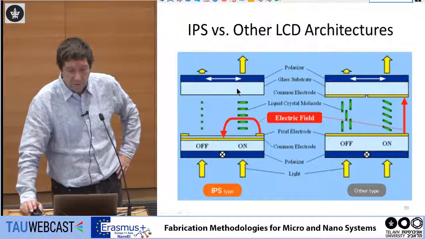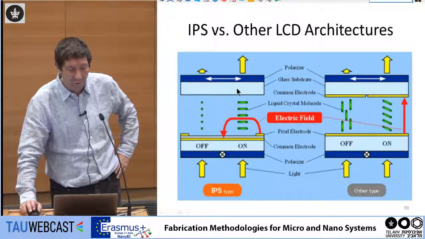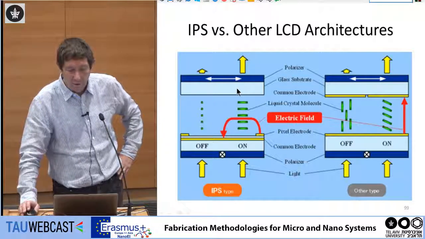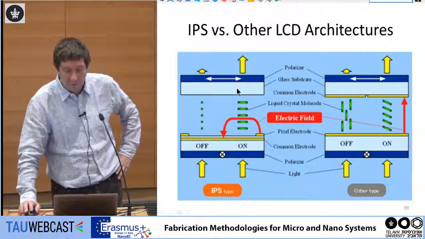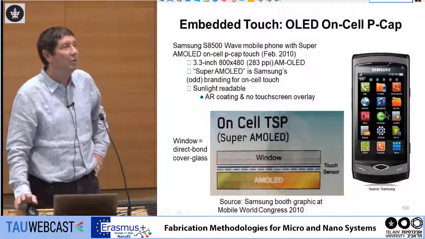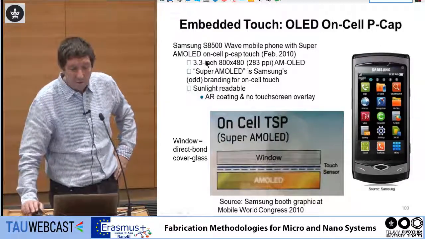You can get a smaller pixel, etc. But those are the two common architectures. Either you apply voltage between two layers, or you apply it between this and this layer and put the liquid crystal in between. And just to give you an example, you can also introduce light using OLEDs, organic light emitting diodes.